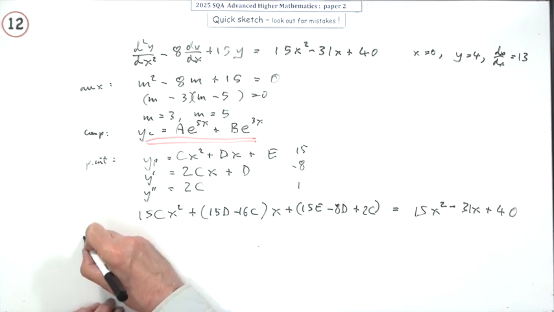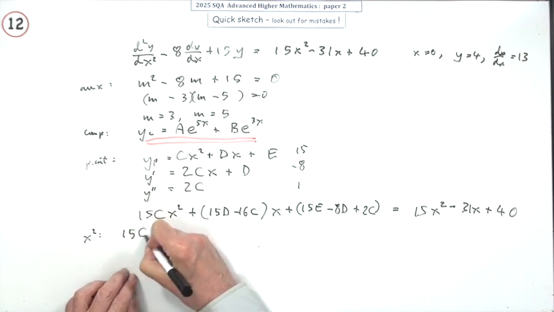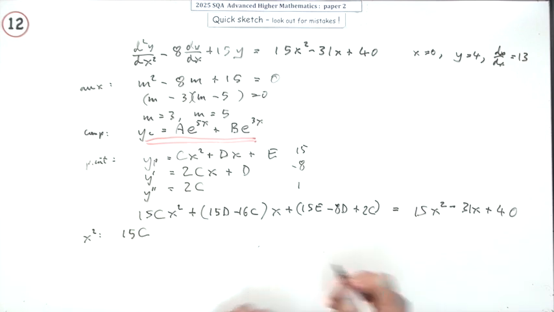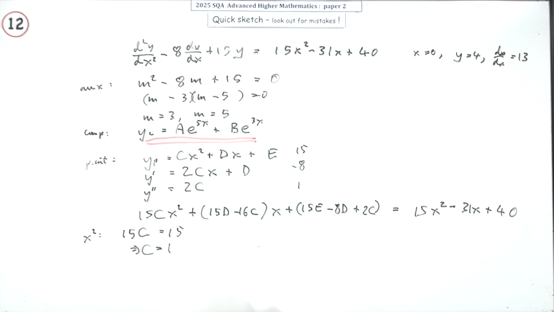Now you can equate the parts. x squared term, coefficient 15c. x squared term, coefficient 15, that's very nice, because that gives you exactly c equals 1.